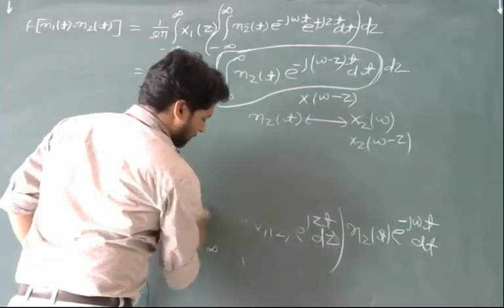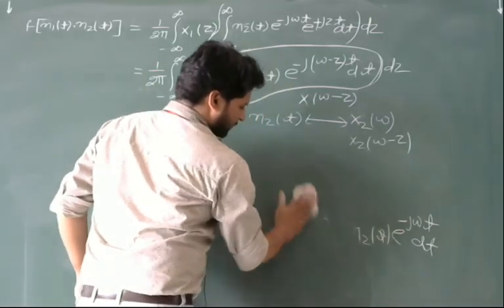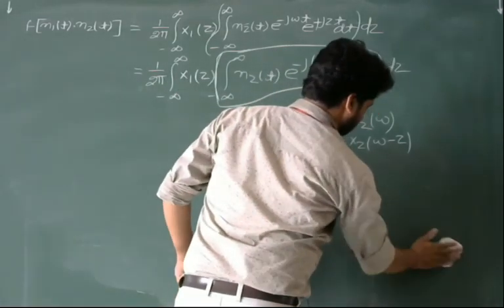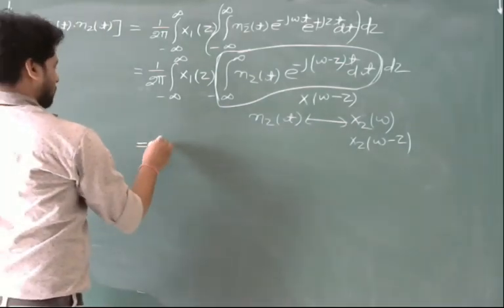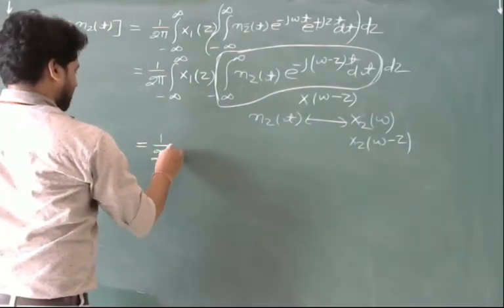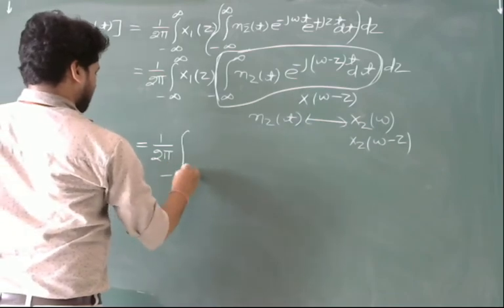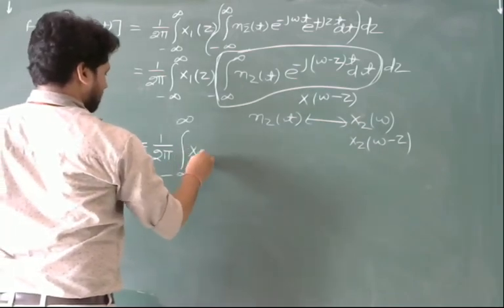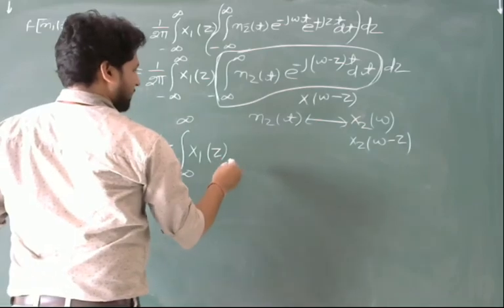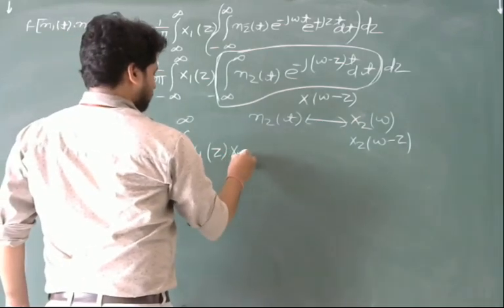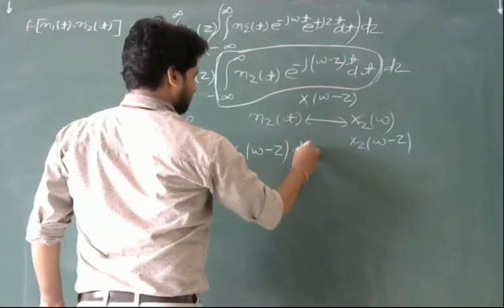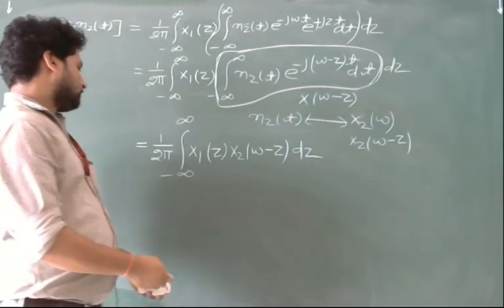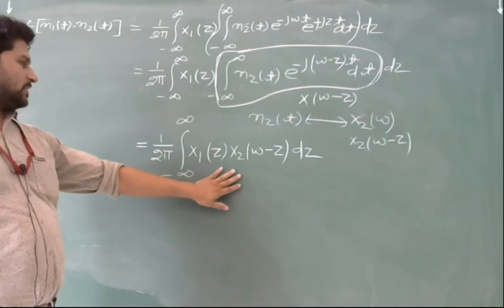Now this will become equal to 1 upon 2 pi, integration from minus infinity to plus infinity, X1(z) into X2(omega minus z) dz. What is this?